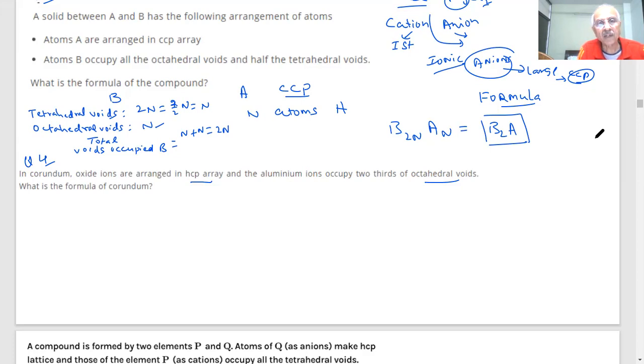You already know what I'm talking about. Oxide ion means oxygen, O2 minus. O2 minus is called the oxide. You already know that.